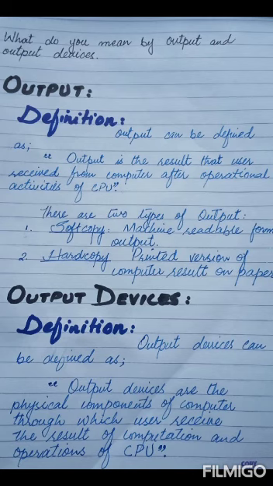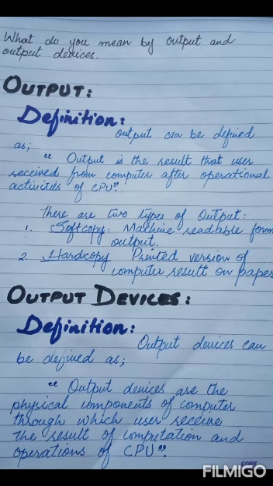Inverted commas close, full stop. Next, there are 2 types of output. 1. Soft copy: machine readable form output. 2. Hard copy: printed version of computer result on paper.